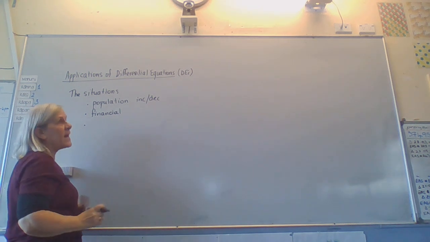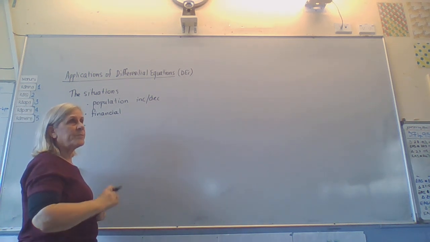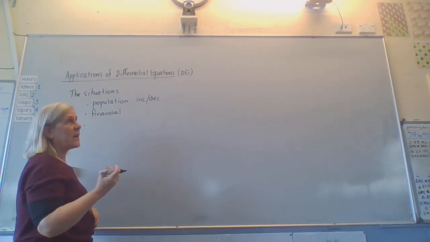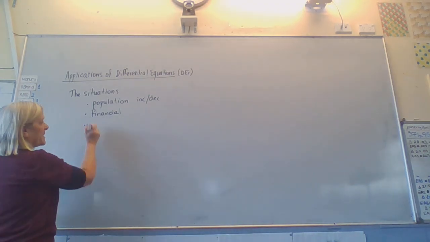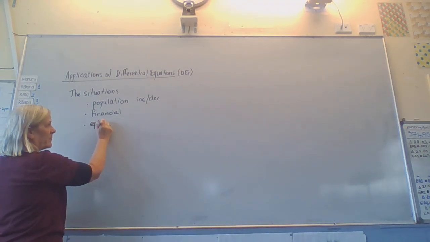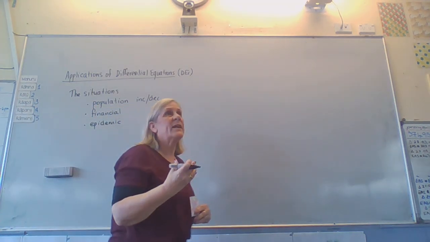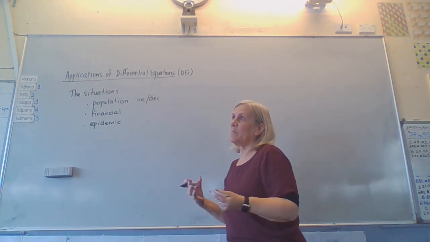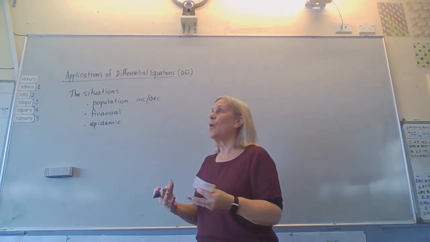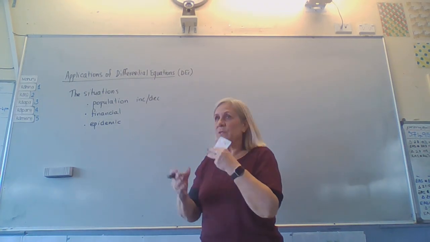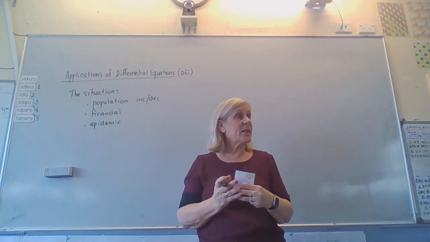We can be looking at, quite a common one, some sort of epidemic. All right, it can be looking at the concentration of a particular element in something. There are all sorts of little bits and pieces that this can actually apply to.